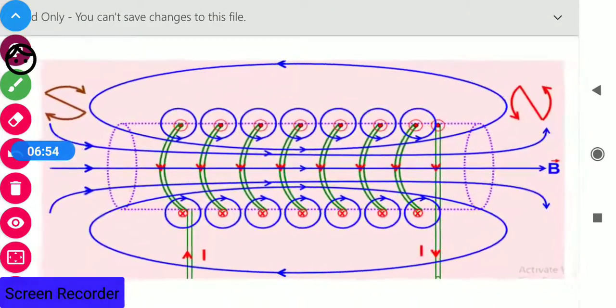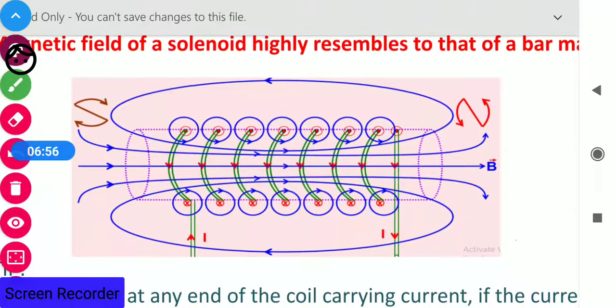Now let us understand the magnetic field due to a solenoid. These are the turns of the coil wound in a helical shape. From the right hand thumb rule, you know that the magnetic field lines will be circular around all these points. I have enlarged the figure at this point.